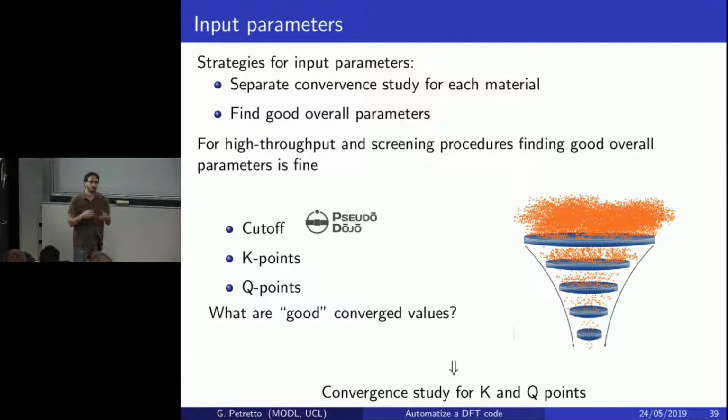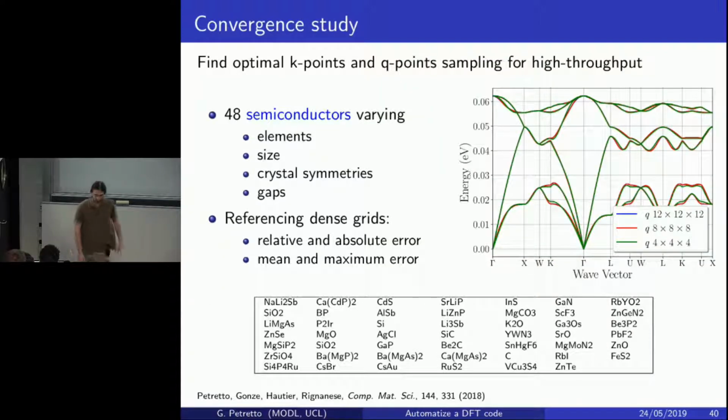But for two things that you want to set, the K points and Q points, we did not really have a clue about what the good values were. So we made a full convergence study to decide these parameters. And this might be one thing that one wants to address before starting to run a large number of calculations.